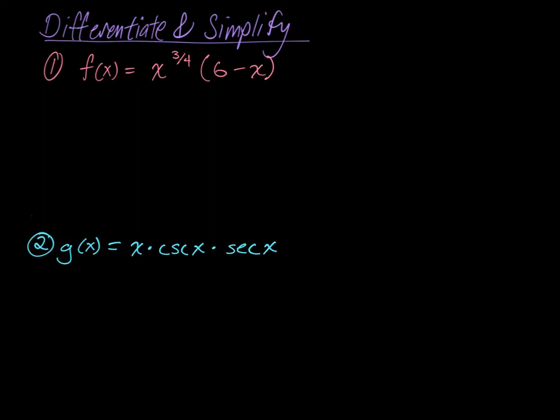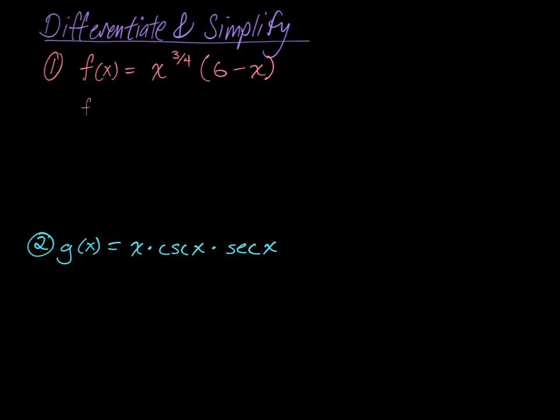Differentiate and simplify. If you take a look at example 1, you can see that the product rule will be used because we have this function, x to the 3/4 times this function, 6 minus x.